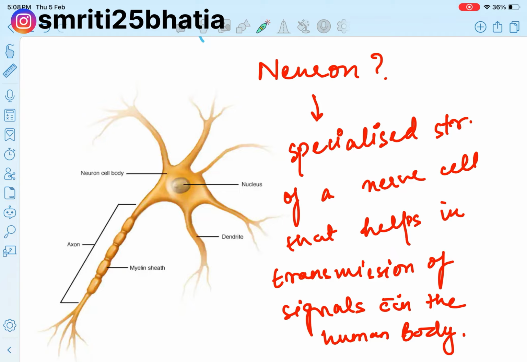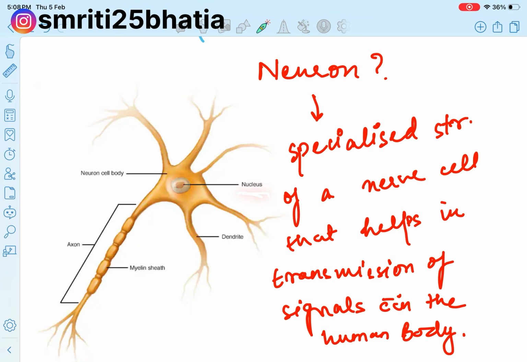Talking about the structure of the neuron, first of all, let us understand this diagram. Over here we have this single neuron. These are the dendrites. This is the cell body, and within the cell body we have this portion, the nucleus.